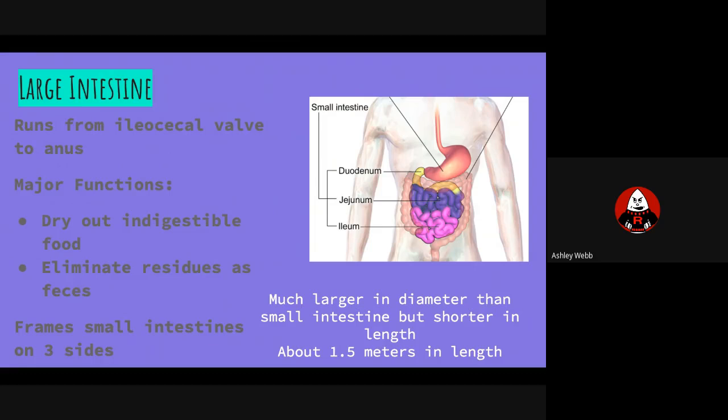When you look at the two functions of the large intestine, drying out indigestible food and eliminating residue as feces, if you are having diarrhea for any reason, it is caused by a malfunction in the large intestine.